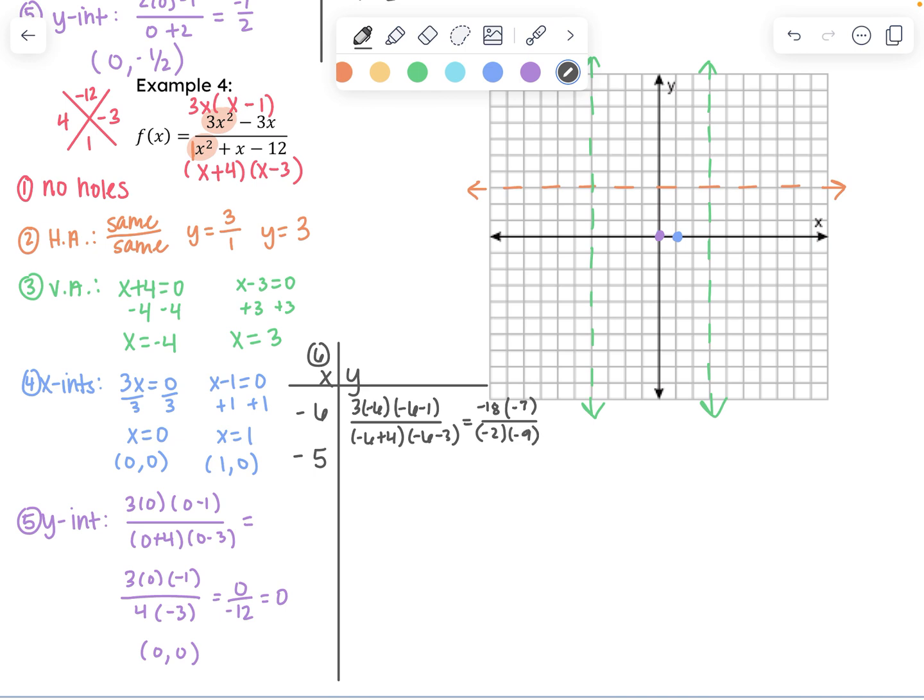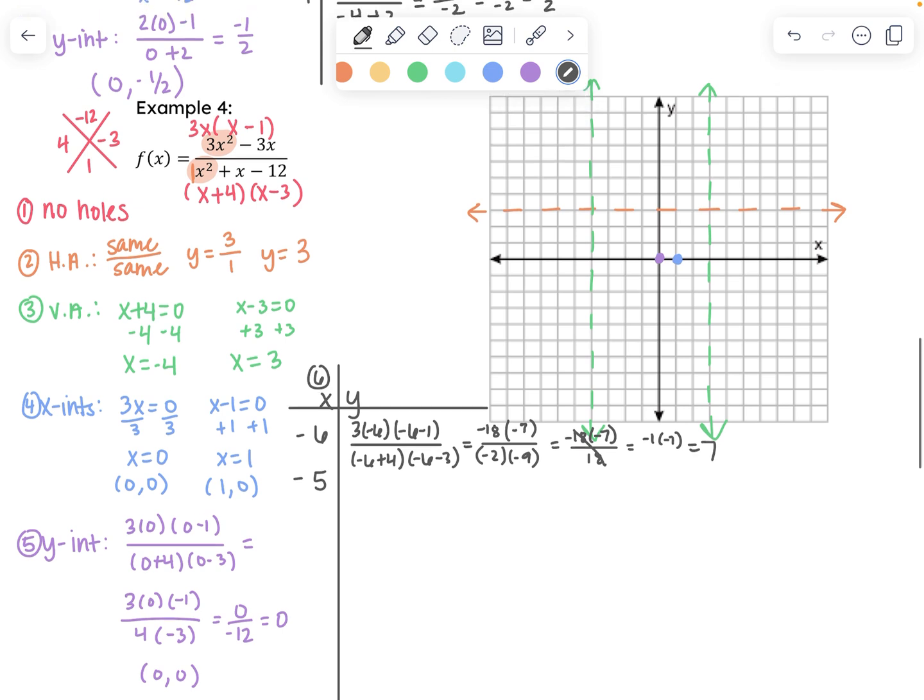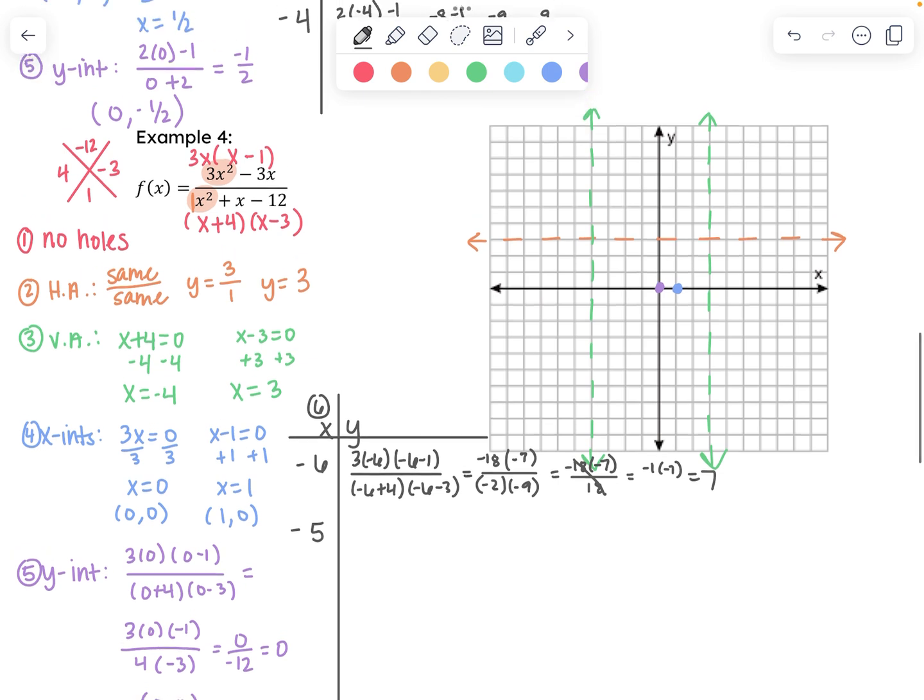And so the reason that's kind of helpful is because I'll notice on the bottom I can have negative 18 times negative 7 on the top still, but negative 2 times negative 9 is 18. And so those are going to cancel out. So it's just negative 1 times negative 7, which would be 7. And so I have negative 6, 7.